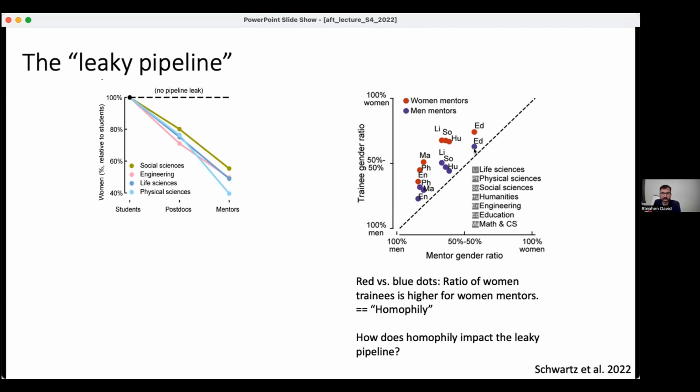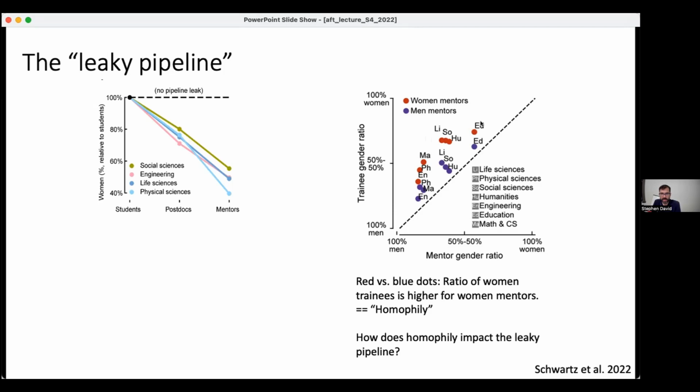These red and blue dots are maybe a little bit confusing initially, but what we're doing is breaking the data up by the gender of the mentor. Red dots are women mentors. What that's showing is that very consistently across every field, women mentors tend to have more women students. That highlights this idea of homophily, which is that trainees tend to gravitate towards mentors that have the same gender as them.